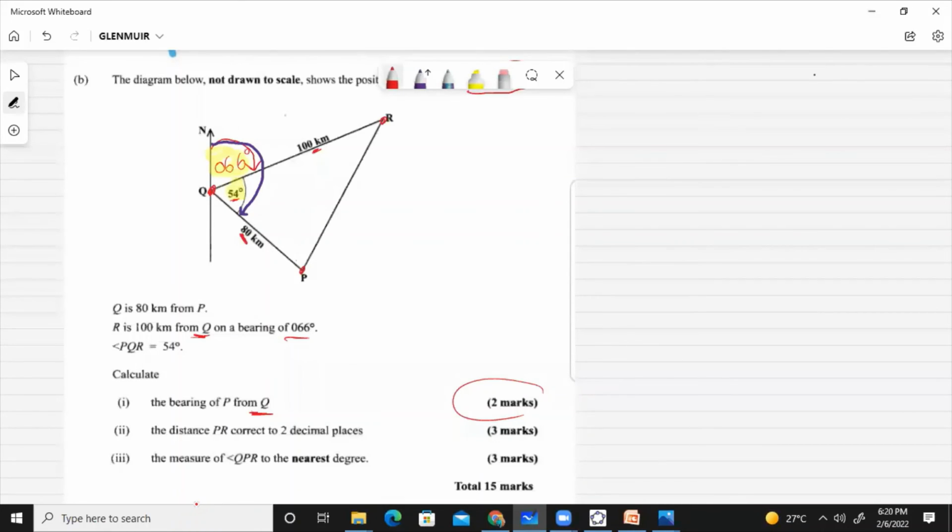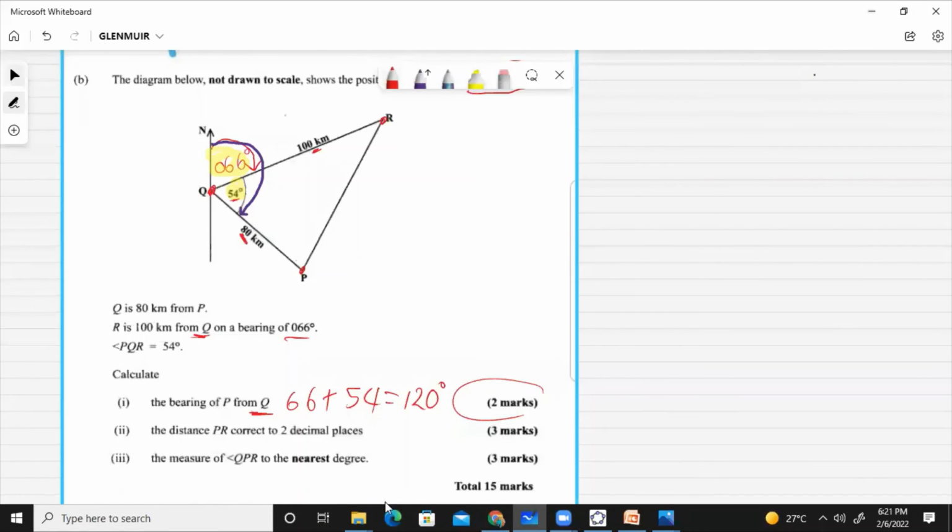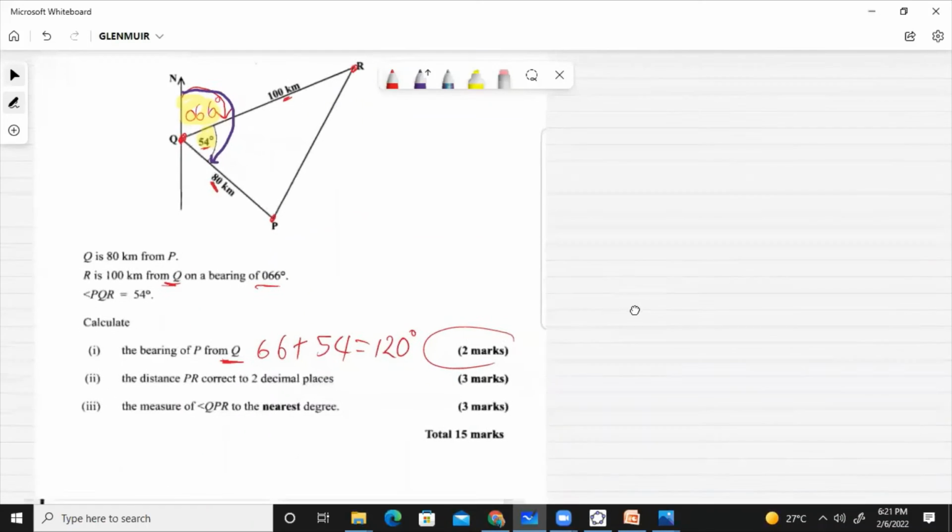So this bearing is 66 plus 54, and this looks like 120 degrees. Verify with me, guys. Yes, it's correct. So that bearing is 120 degrees right there. I don't want to ugly up the diagram, so I'm not going to put it out there, but I put it down here.